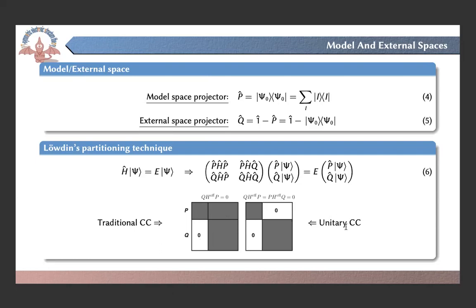If you do unitary coupled cluster, you do a unitary transformation, so you keep your Hermitian effective Hamiltonian. But the purpose in unitary coupled cluster is to put this block to 0, but also this block. So those are two types of effective Hamiltonian theory.